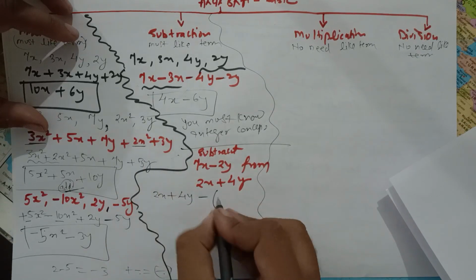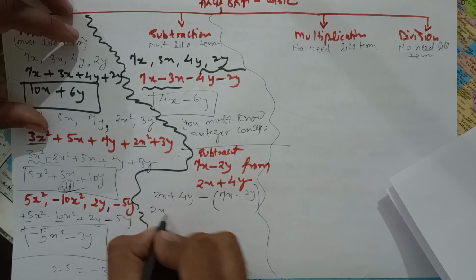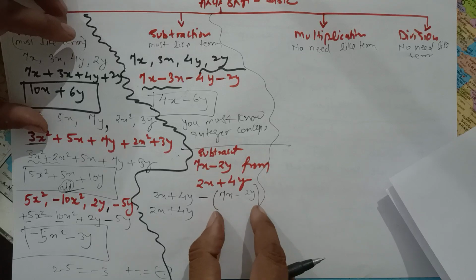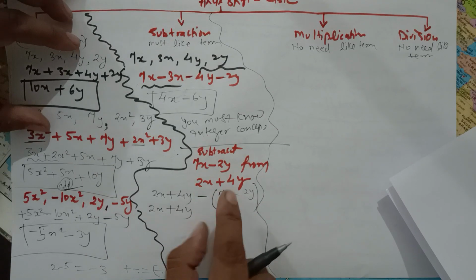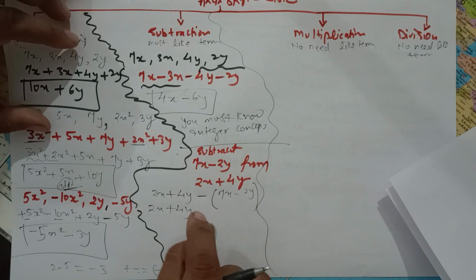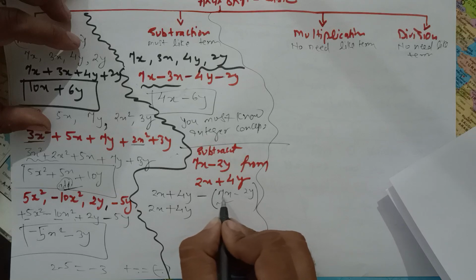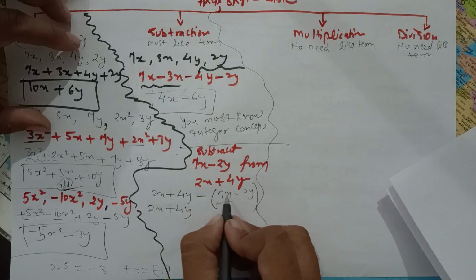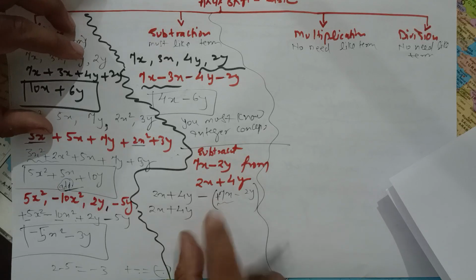Always in the bracket. Why? I'll tell you. So 2x plus 4y. When there is a bracket and before the bracket there is a minus sign, the signs in the bracket will get changed. Here 7x is plus, and the sign is always seen before the number, not after. Before 7x there is nothing, so it is by default plus.